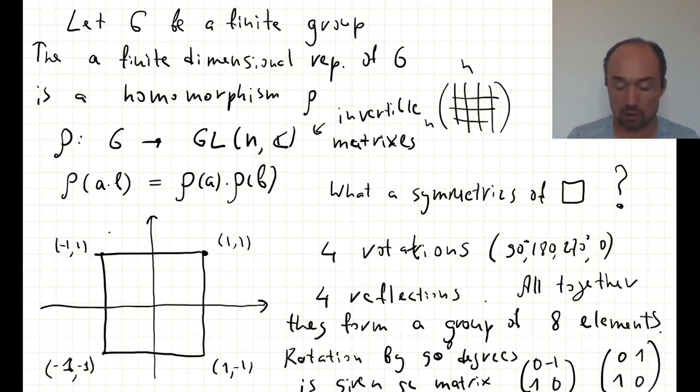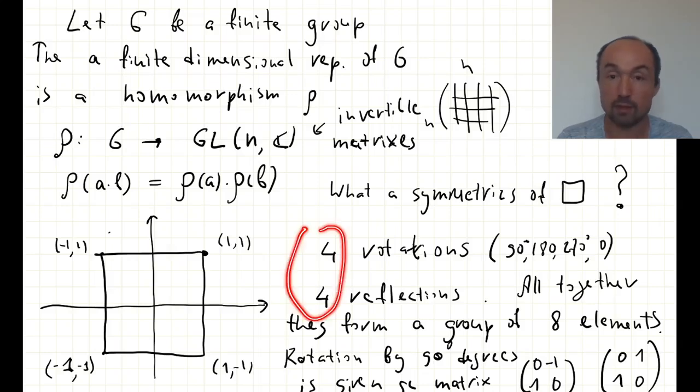So in this way, to each of these 8 elements we associate a matrix acting on the 2-dimensional plane. This is an example of a representation of this group of 8 elements.